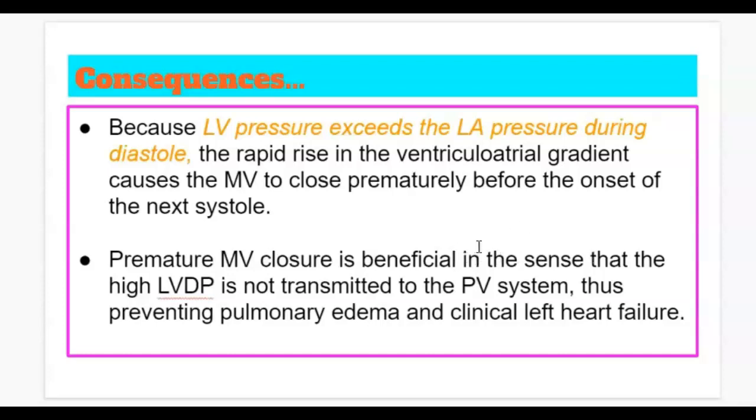It's beneficial in the sense that the high end diastolic pressure is not transmitted to the pulmonary venous system to cause pulmonary edema, which could result in clinical heart failure.